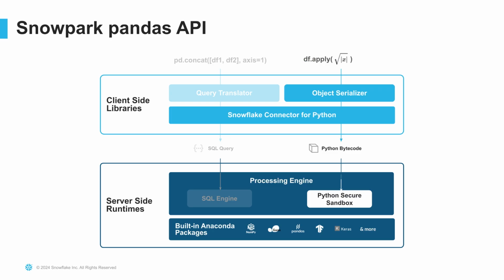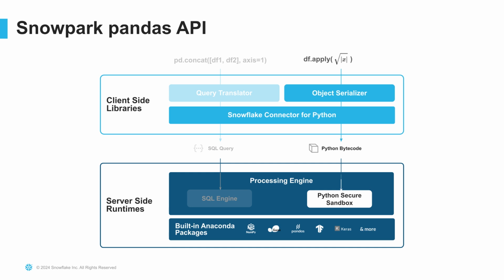What we're doing here is that the Python function, which is shown as the lambda here, is serialized into Python bytecode, and we're running this as a UDF inside Snowpark's Python secure sandbox runtime environment. Snowpark's Python runtime environment is seamlessly integrated with the Anaconda package manager so that users can leverage their favorite third-party library packages such as NumPy for flexible data transformation within their data frame apply.